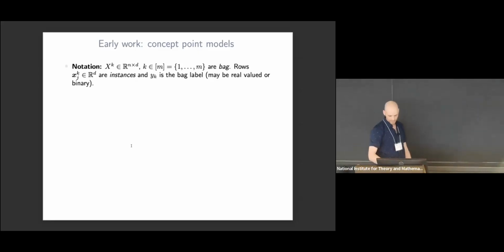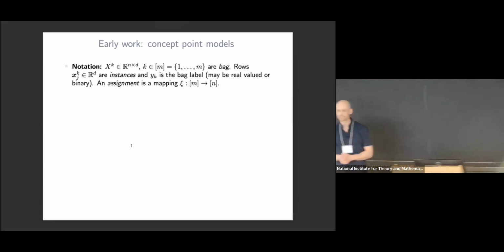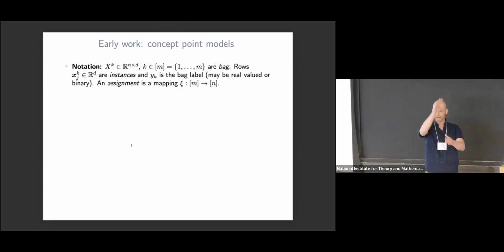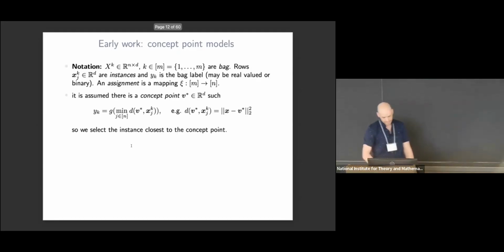The labels are going to be the Ys. Another important piece of notation is the idea of an assignment. An assignment is just a function that takes us from the bags and, for each bag, assigns an instance.